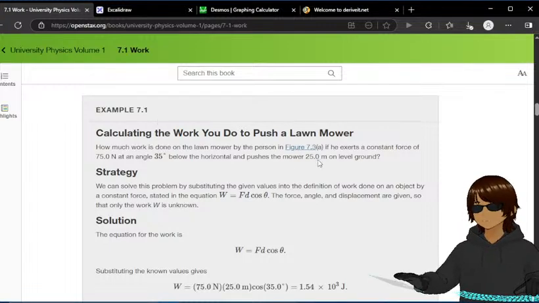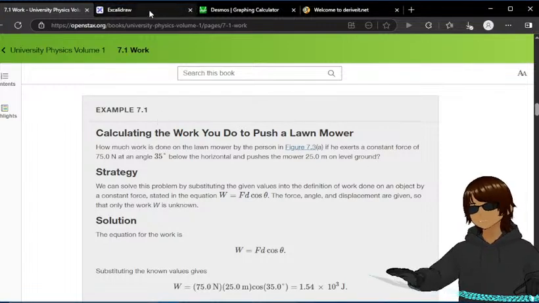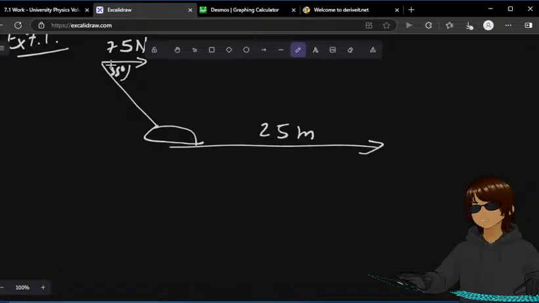So, constant force 75 newtons, and the force downwards is at 35 degrees.